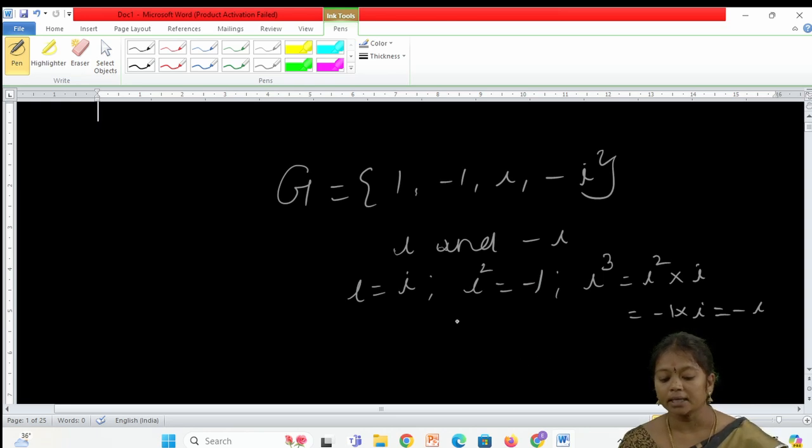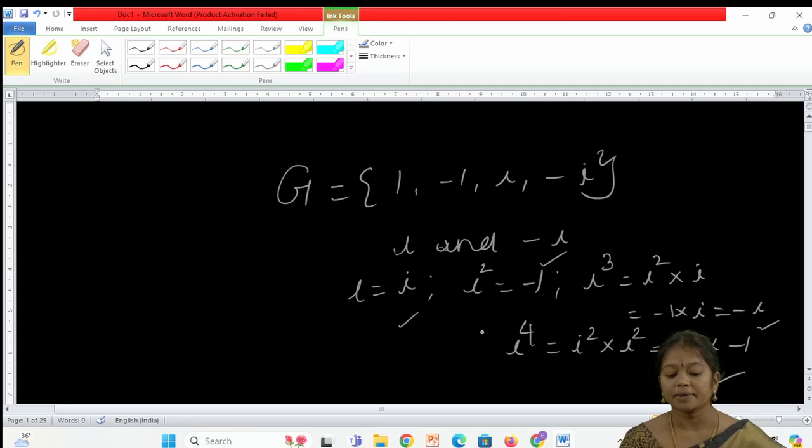Here i, minus 1, then minus i. 3 elements come with the use of the generator i, and i power 4 is i square into i square, that is minus 1 into minus 1, that is 1. So the first element, second element, third element and fourth element, all the elements of the group can be obtained from the generator element i.